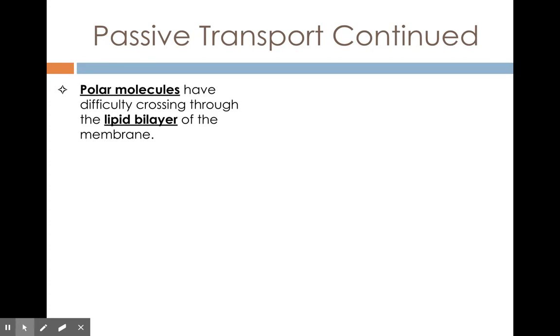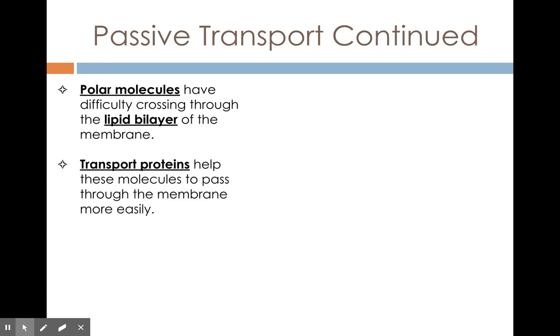So there are types of molecules that do have difficulty crossing through that lipid bilayer, okay? And they are called polar molecules. So lipids like molecules to be what we call nonpolar. But if it's a different type of molecule, which you'll learn about polarity in chemistry, it can't pass through that bilayer.